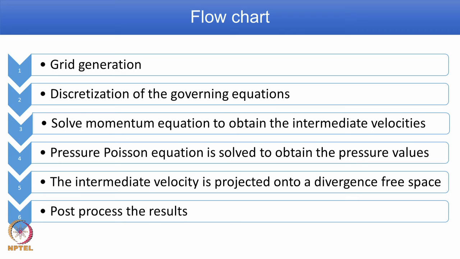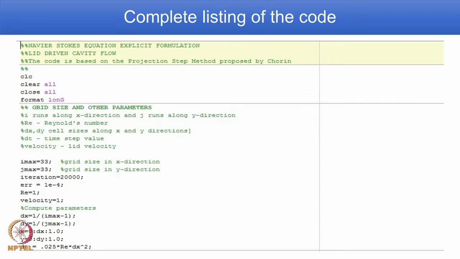Once you get u star and v star, then we get the pressure Poisson equation and solve it. Then the intermediate velocities obtained are corrected by the projection step onto the divergence free space. Once you get the correct velocities, they are post processed to get results and to look into the flow.